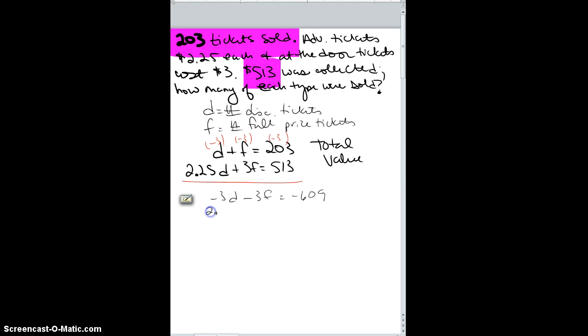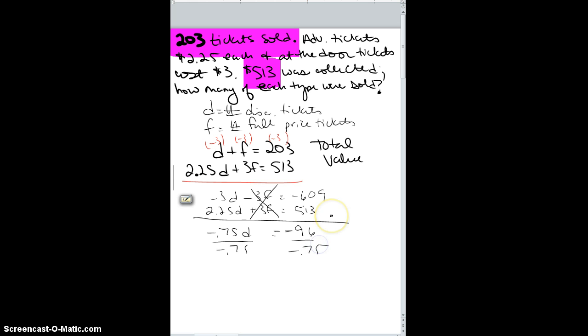And then I get 2.25D, and this is still the same. Okay, these cancel, and I get, what, a -0.75D equals, now grab my calculator here, 609 and what, 513. Alright, so that's 96 and it's negative. I owe -96, and then divide.